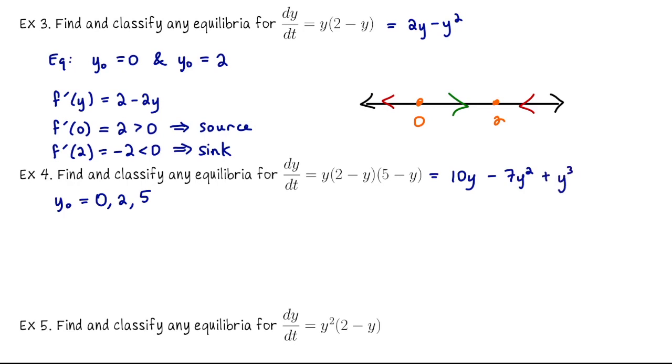It's a cubic polynomial. So then the derivative is f prime of y equals 10 minus 14y plus 3y squared. If we plug in those equilibrium solutions, we get f prime at 0 is 10. That's greater than 0, so that's a source.